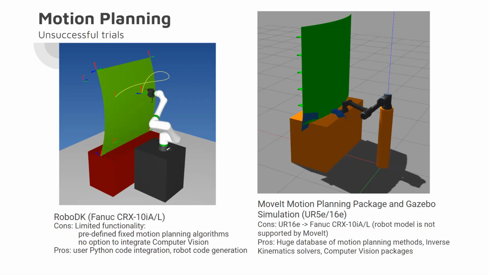RoboGuide, as I said, is proprietary software of FANUC, so it's the best option, but we also have RoboDK. The cons of RoboDK are limited functionality, such as predefined fixed motion planning algorithms and no option to integrate computer vision. But it has pros also, such as integrating user Python code with computer vision packages to train the scanning with computer vision.